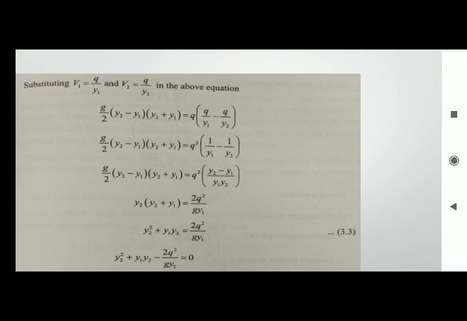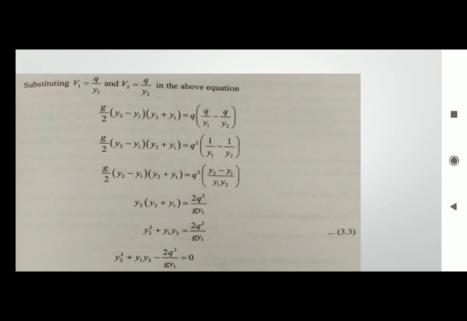Substituting v1 and v2 in terms of q, I will get an equation: y2 square plus y1 y2 minus 2q square divided by g y1 is equal to 0. It is in the form of a x square plus b x plus c equal to 0. Comparing, a value will be 1, b value equal to plus y1, c value equal to minus 2q square divided by g y1.